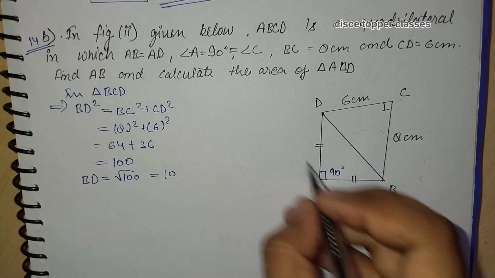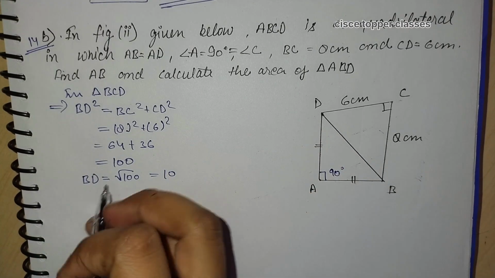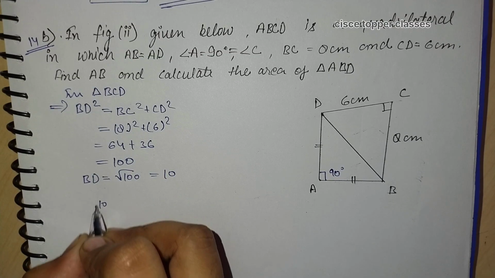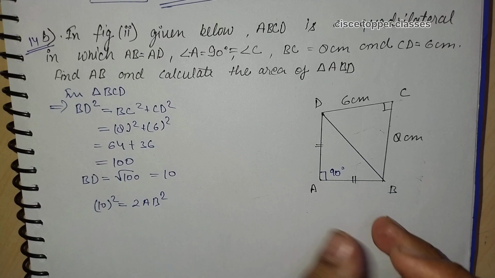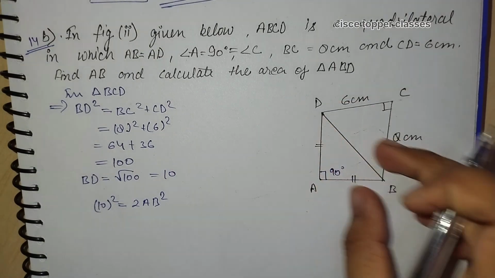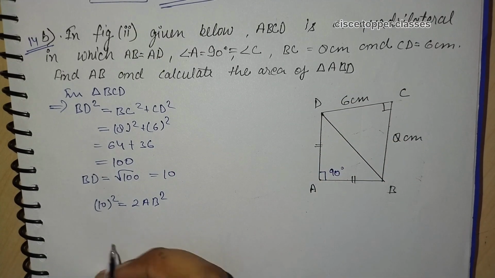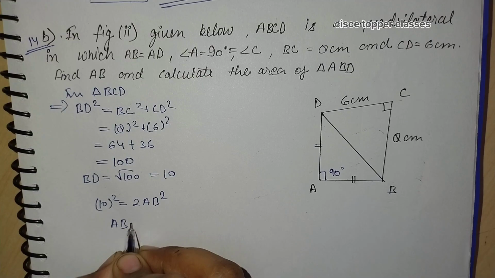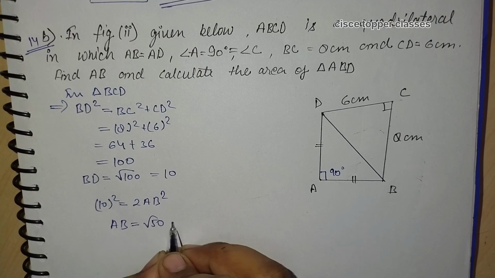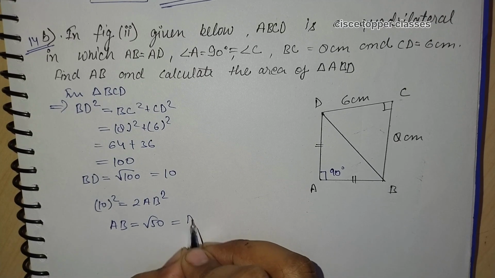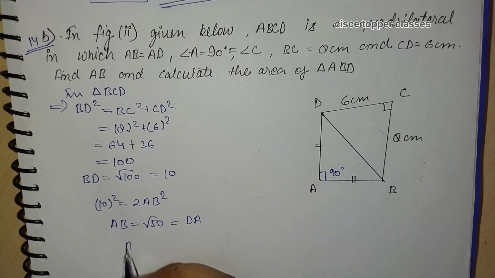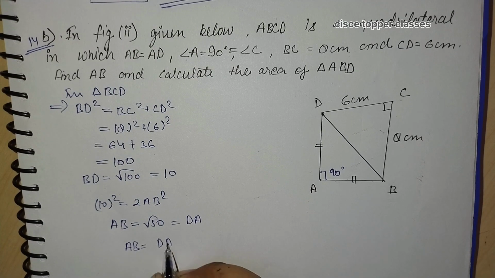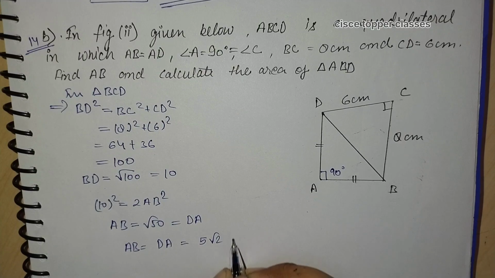Now to find the value of AB and AD, as these are equal sides, so we can simply write it as BD whole square equal to 2 AB whole square, because AB is equal to AD. So on adding it we will get 2AB square. From that AB is equal to under root 50, and then AB is equal to DA also, so it will be 5 under root 2. Means AB equal to DA is equal to 5 under root 2 centimeter.